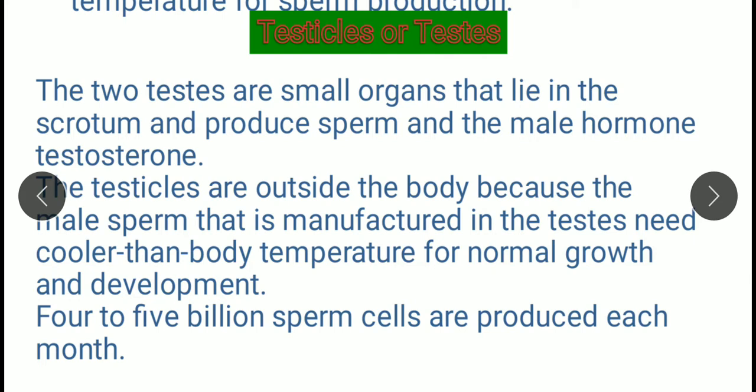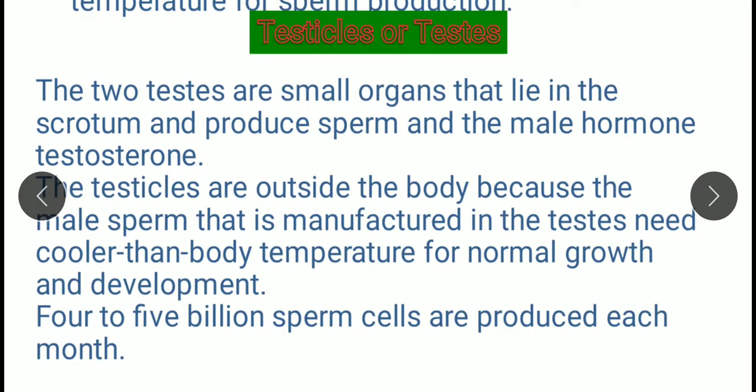The testicles are outside the body because the male sperm manufactured in the testes need a temperature cooler than body temperature for normal growth and development.